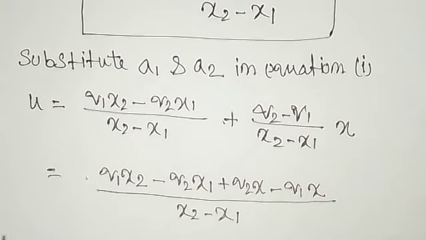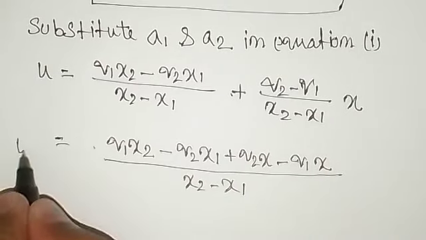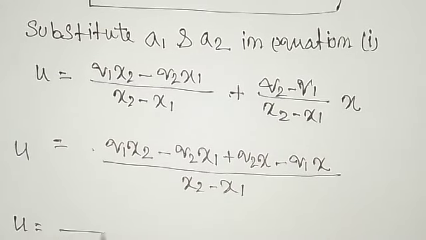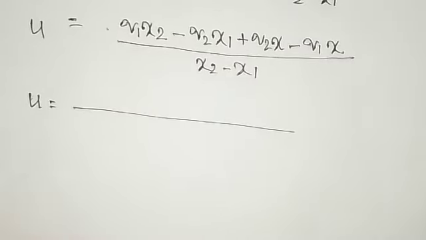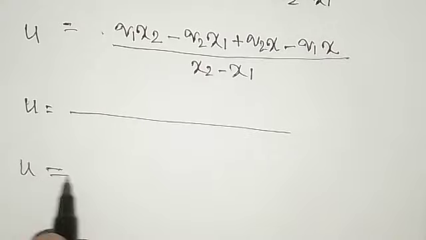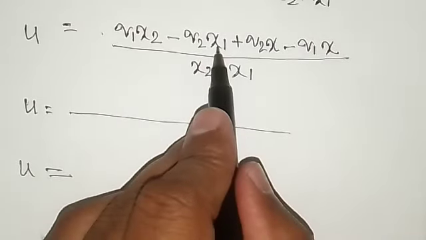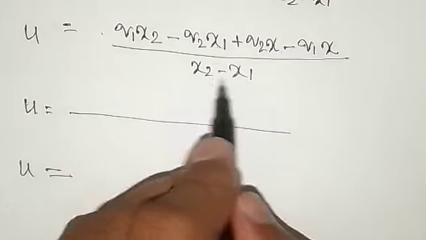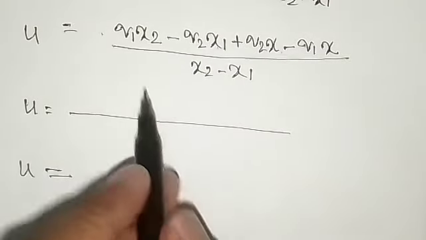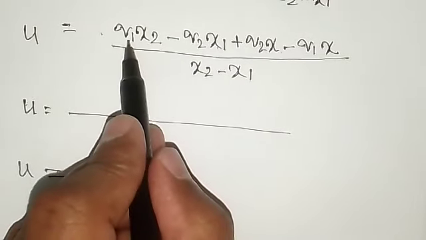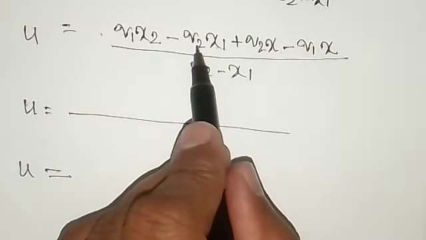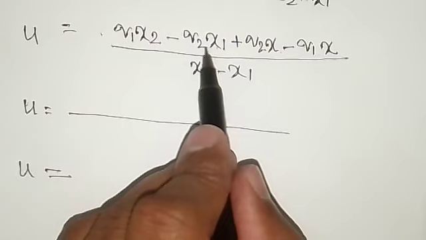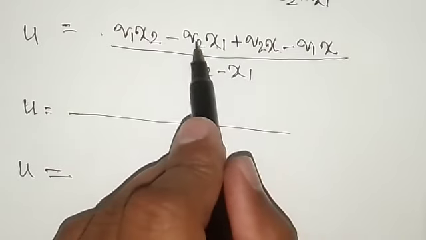So this is u. u is equal to q1 x2 minus q2 x1 plus q2x minus q1x by x2 minus x1. Here we can take common: if I take q1, what remains is x2 minus x, and when we take q2, it will become x minus x1.